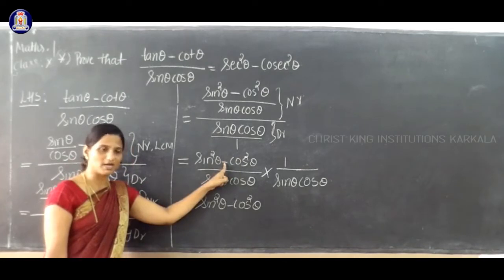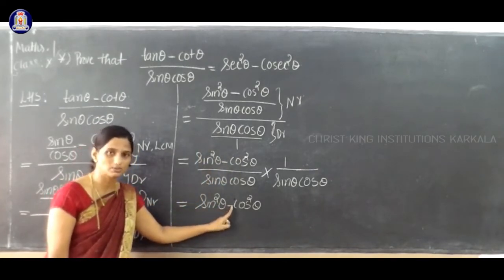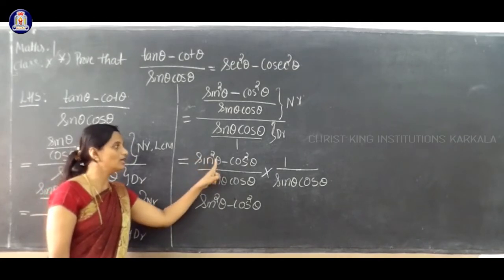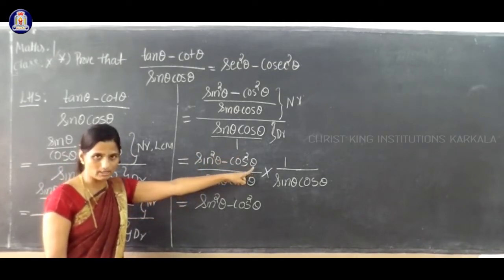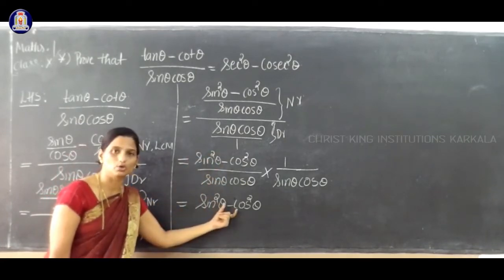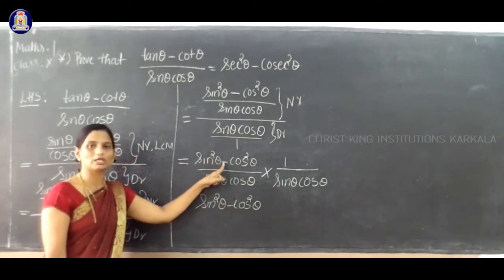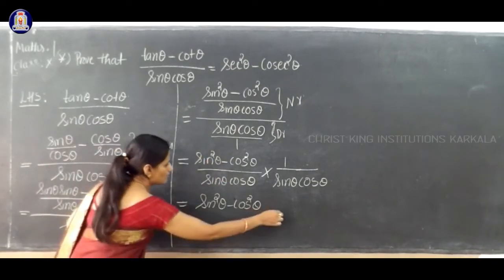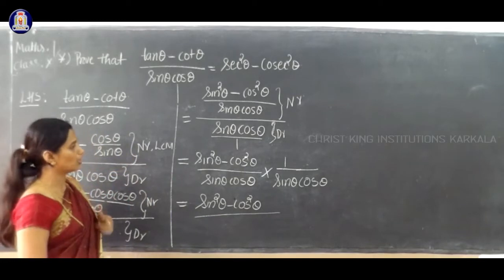But here it is minus, so we can't change it to 1. Understood? If it were plus here, we could write it as equal to 1, but this is not your formula. Clear? So write as it is, divided by, now see the denominator.